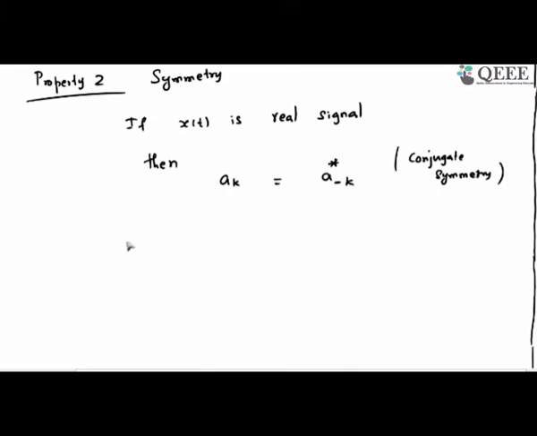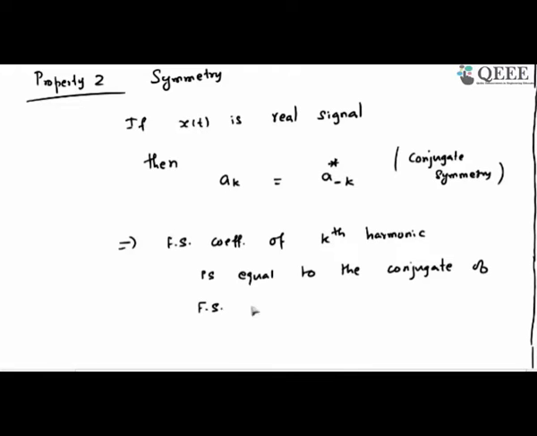So the Fourier series coefficient of the kth harmonic is equal to the conjugate of the Fourier series coefficient of the minus kth harmonic, only if x of t is real.